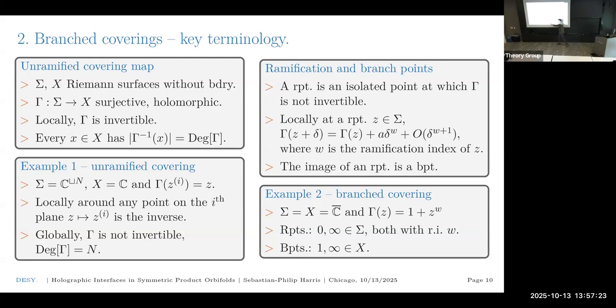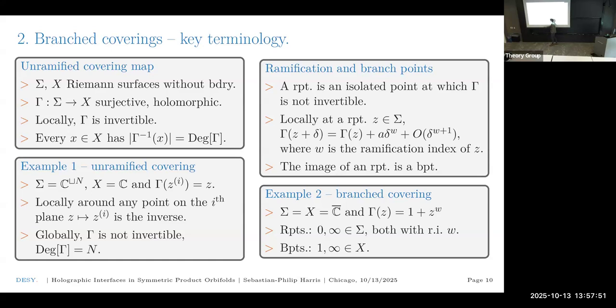So as an example, we could, for instance, just take the disjoint union of n complex planes to cover a complex plane, and the map we could take is a map that just forgets from which of the n copies a complex number came from. That's locally invertible because for every z_i there's a neighborhood on which this is invertible, namely, for instance, just the entire ith complex plane.